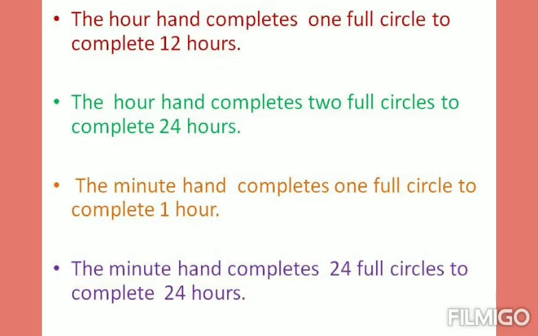Like this it will move until 12 hours are complete. Since we have 24 hours in a day, the hour hand completes 2 full circles to complete 24 hours. That means 1 day has completed.